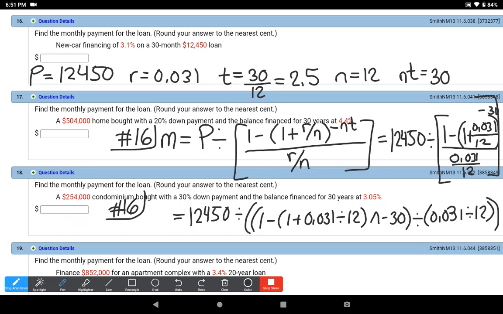12450 divide by parentheses 1 minus parentheses 1 plus 0.031 divided by 12 in parentheses caret negative 30 in parentheses divide by parentheses 0.031 divided by 12 in parentheses.